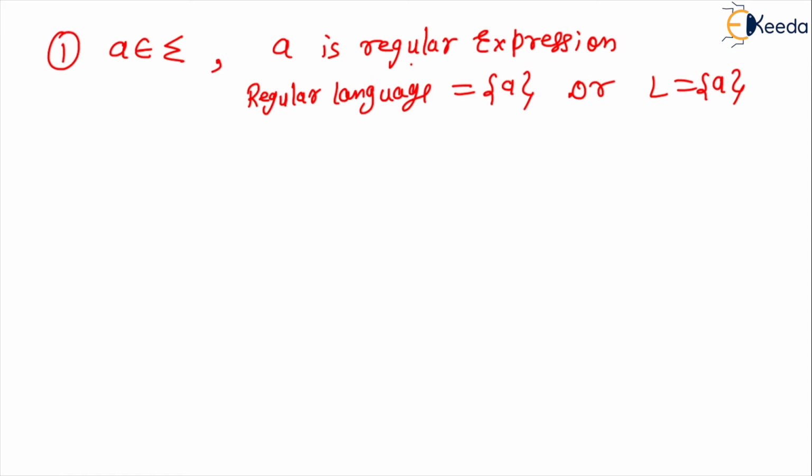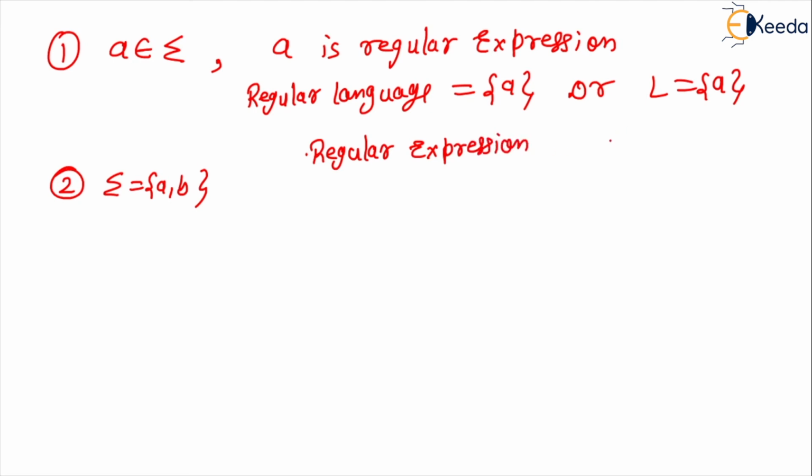Got it? Now again, the input set is A comma B. That is the second example. Now we write here the regular expression and here the regular language.